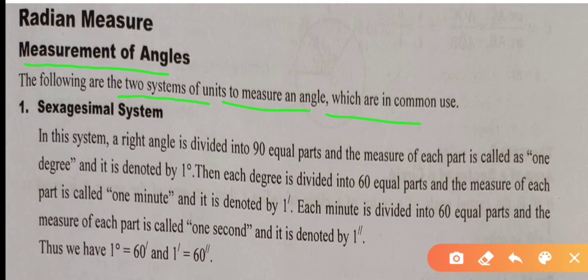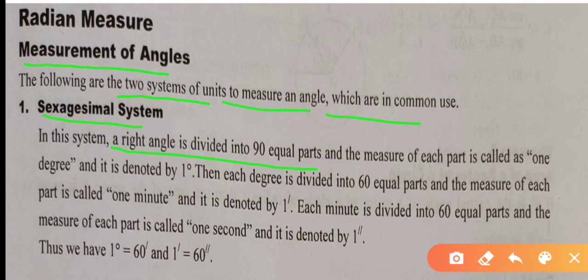First one is the sexagesimal system. In this system, a right angle is divided into 90 equal parts. Already you know the right angle triangle you have studied, that is by using the Pythagoras theorem.